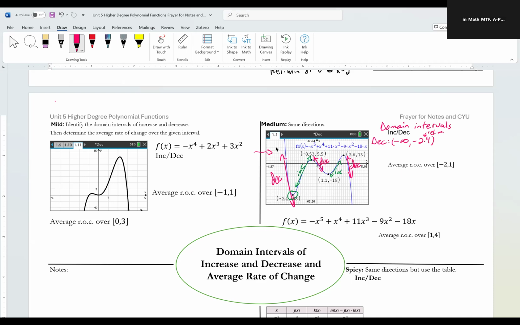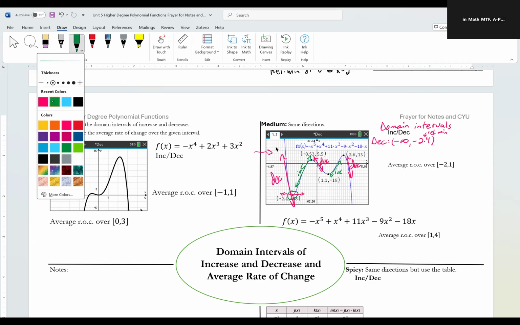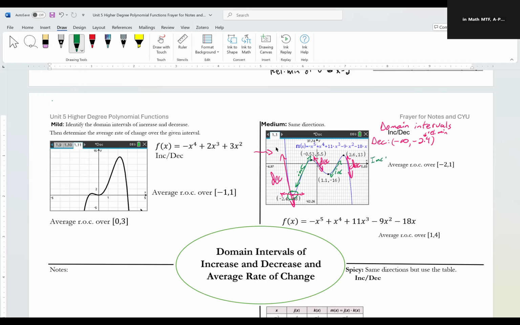And so keep in mind that we use those parentheses because the slope of the tangent line at a minimum and maximum is 0, so it's not increasing or decreasing. After that, it increases. Where? It starts at that negative 2.4 at that relative minimum. Where does it stop? At, notice how I keep saying at, the x value, negative 0.53, this relative maximum.